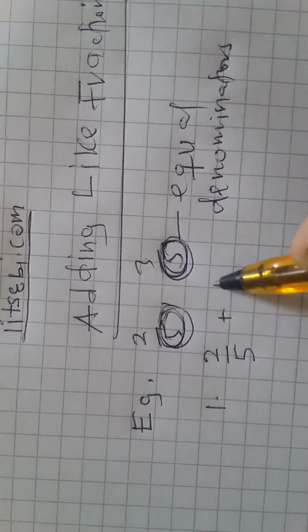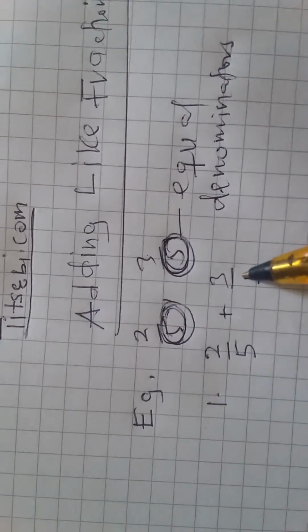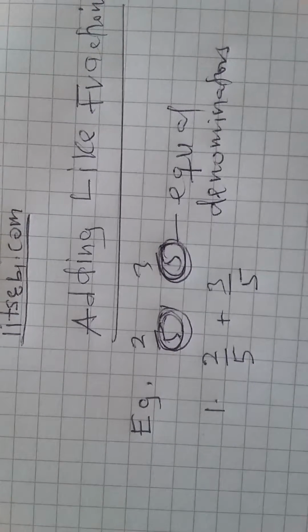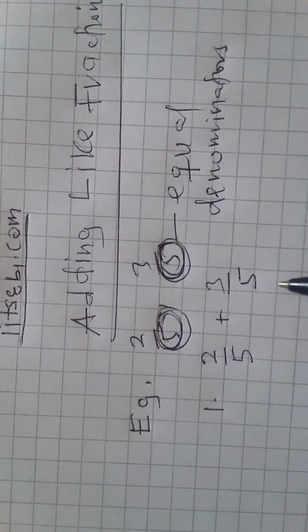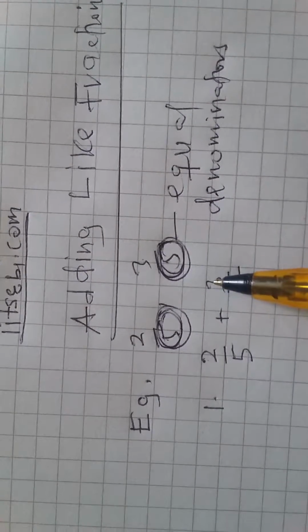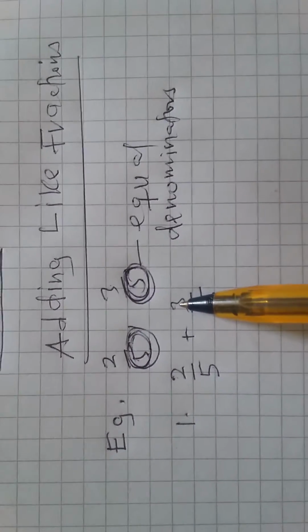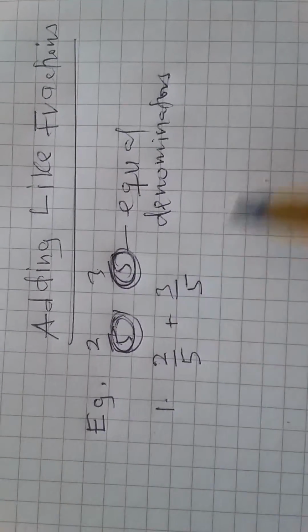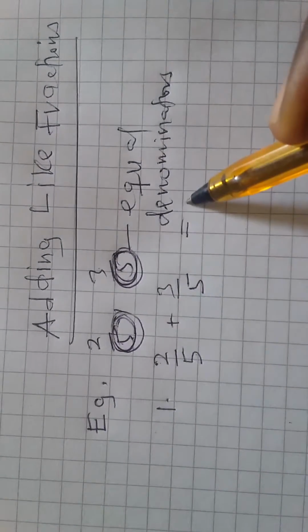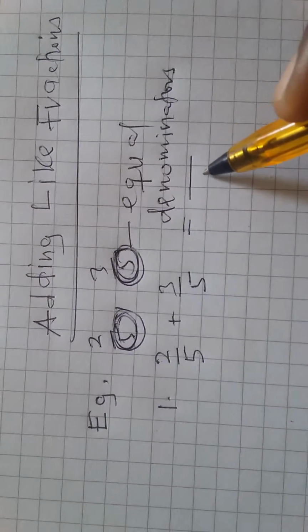2/5 plus 3/5. Okay, that means 5 people are sharing 2 items, and that same 5 people are sharing 3 items. Because they are the same 5 people, the number of people who are going to share the items will remain the same.